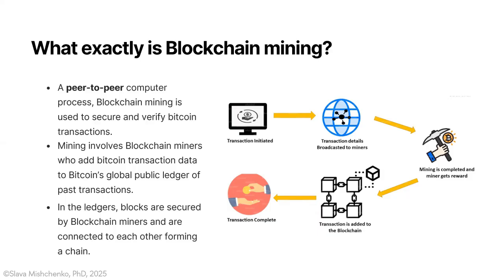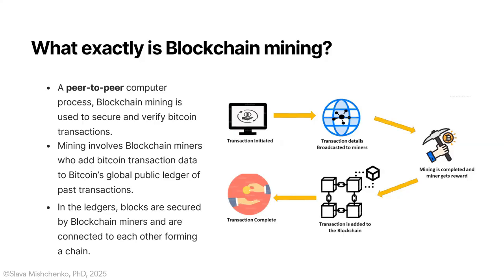And the miners then compete to complete the verification process shown by the PoW symbol. So what I find fascinating about this part is that miners are essentially solving complex mathematical puzzles. So when a miner succeeds, they not only verify the transaction, but also get rewarded with new Bitcoins.